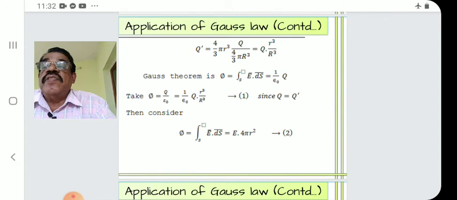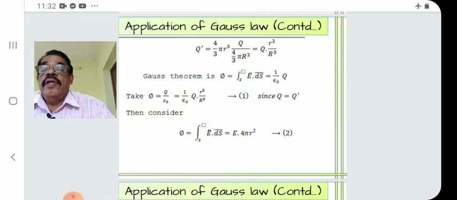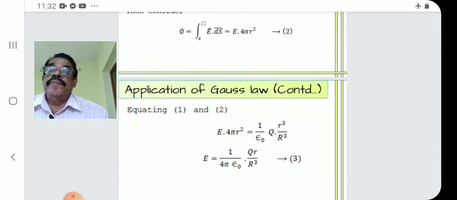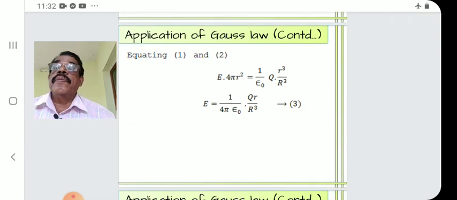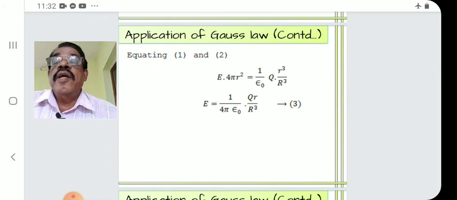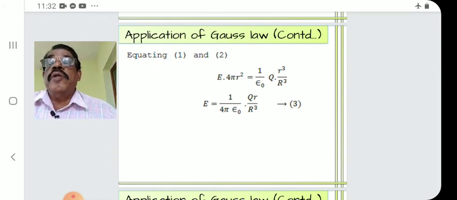Phi is equal to surface integral E dot ds, equal to E into 4 pi r square, equal to 1 and 2. E into 4 pi r square is equal to 1 by epsilon 0 q into r cubed by R cubed. Out of division, r square will cancel. We get E is equal to 1 by 4 pi epsilon 0 q r by capital R cubed.